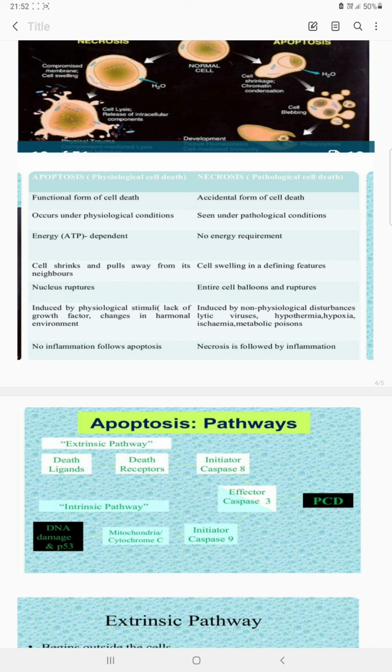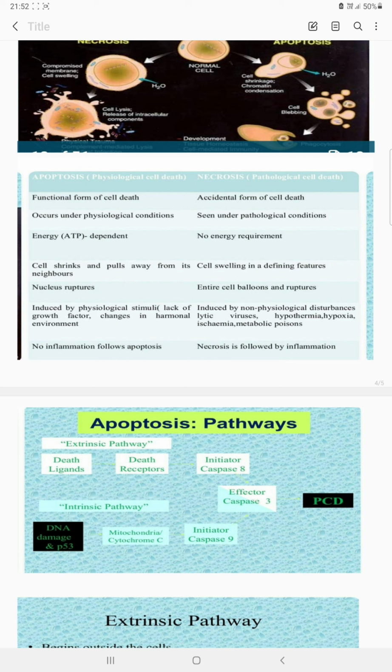Necrosis is pathological and can occur due to injury. In an injury you don't need any kind of energy, so this process is not energy dependent. Another difference is that in apoptosis the cells shrink and pull away from their neighbors, while in necrosis cell swelling is the defining feature.